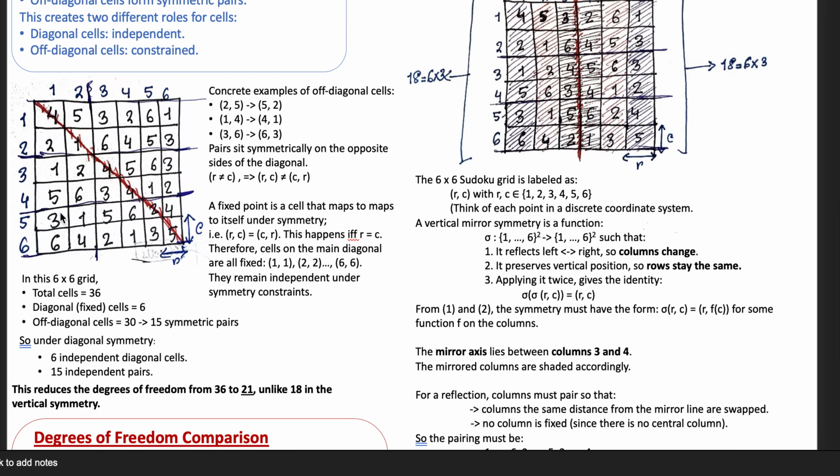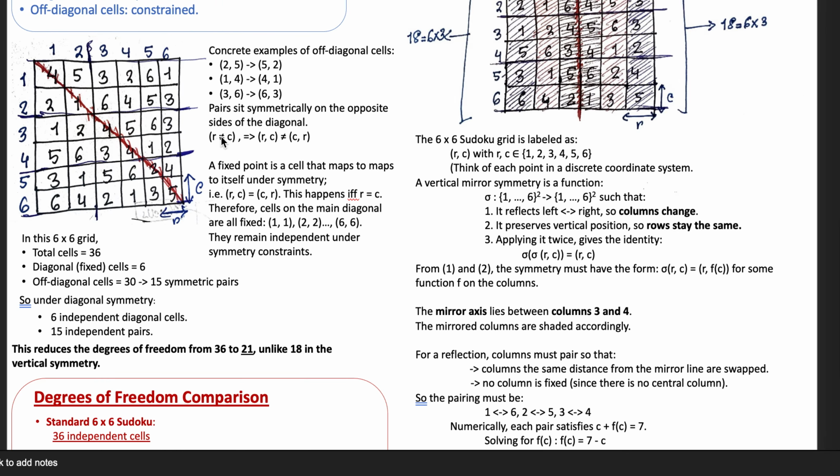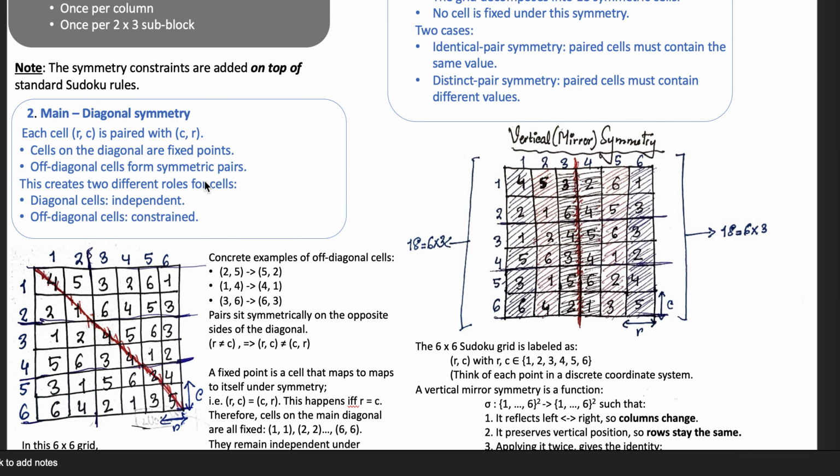If you add the 15 symmetric pairs to the 6 diagonal fixed cells, you get 21 degrees of freedom for the main diagonal symmetry.